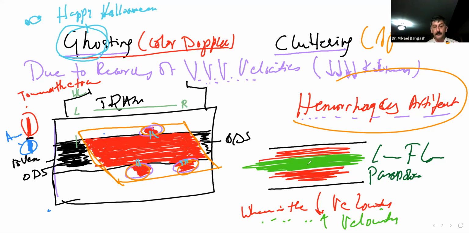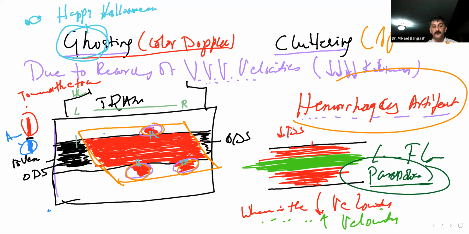That within a blood vessel, the high velocity will mainly be towards the center. That's the normal blood flow within a blood vessel. Ideally, it will be parabolic, which mainly means that towards the vessel walls, that's where you have lower velocities.